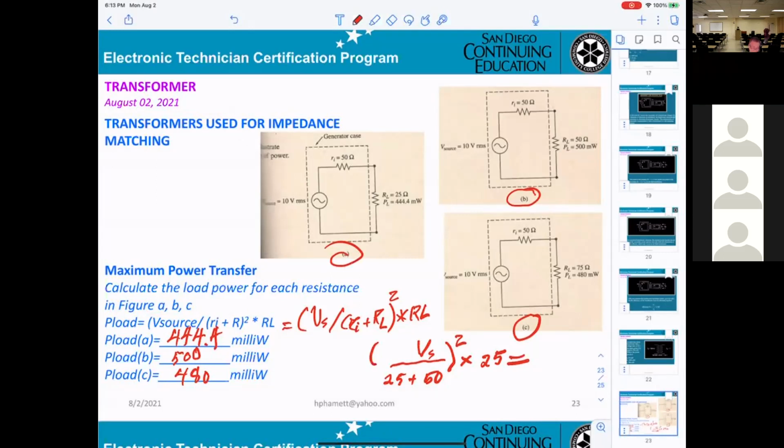Okay, so finally, you can see the three examples they gave you. What are they going to tell you? The maximum power, you get 500 milliwatt here. You get 444.4.